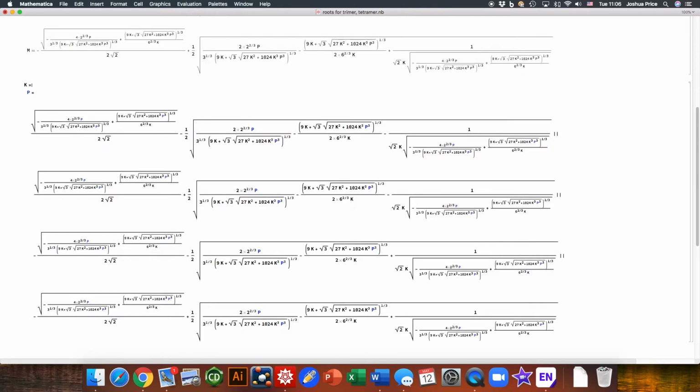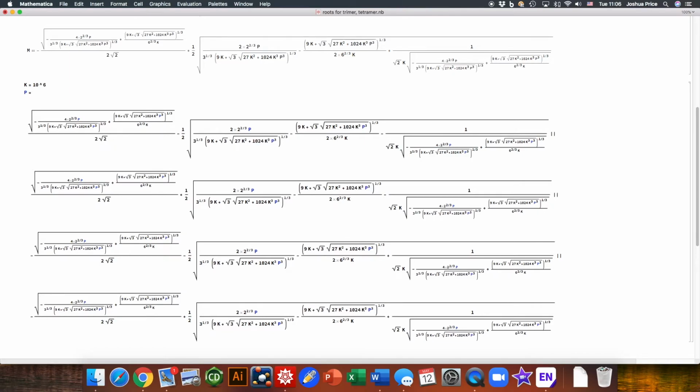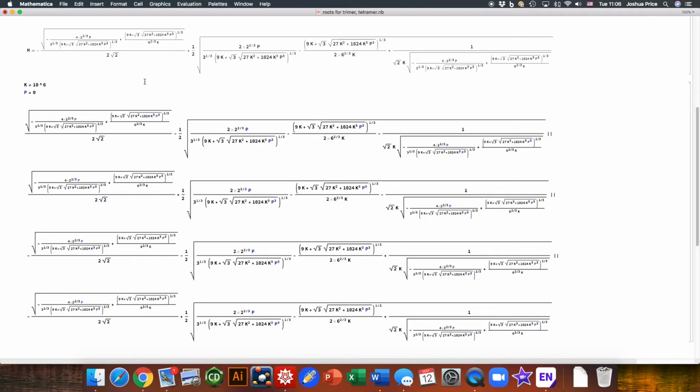We're going to let k be something like 10 to the 6. Not sure whether that's reasonable or not, but we'll imagine the equilibrium constant is large. Then we're going to let the total peptide concentration be somewhere like 100 micromolar. I'm going to put semicolons there because I don't need it to repeat back to me what k and p are.